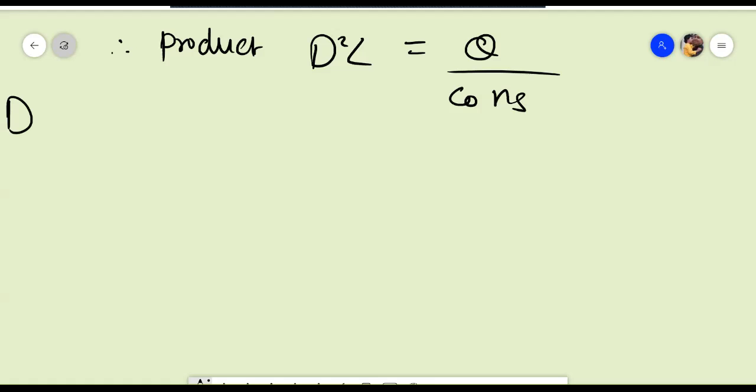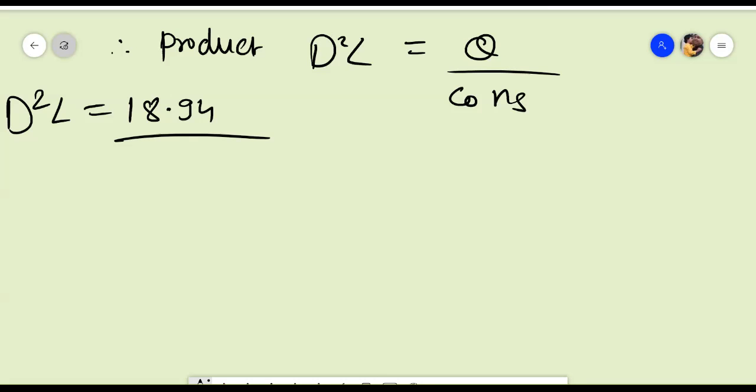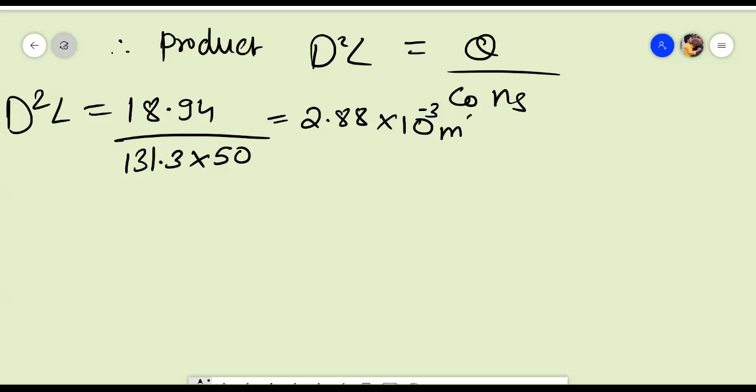So d square L will be equal to Q, which we got as 18.94, divided by our output coefficient C naught, which we just found was 131.3, multiplied by our ns, which is 50. So d square L will be equal to 2.88 multiplied by 10 to the power minus 3 meter cube. Okay.